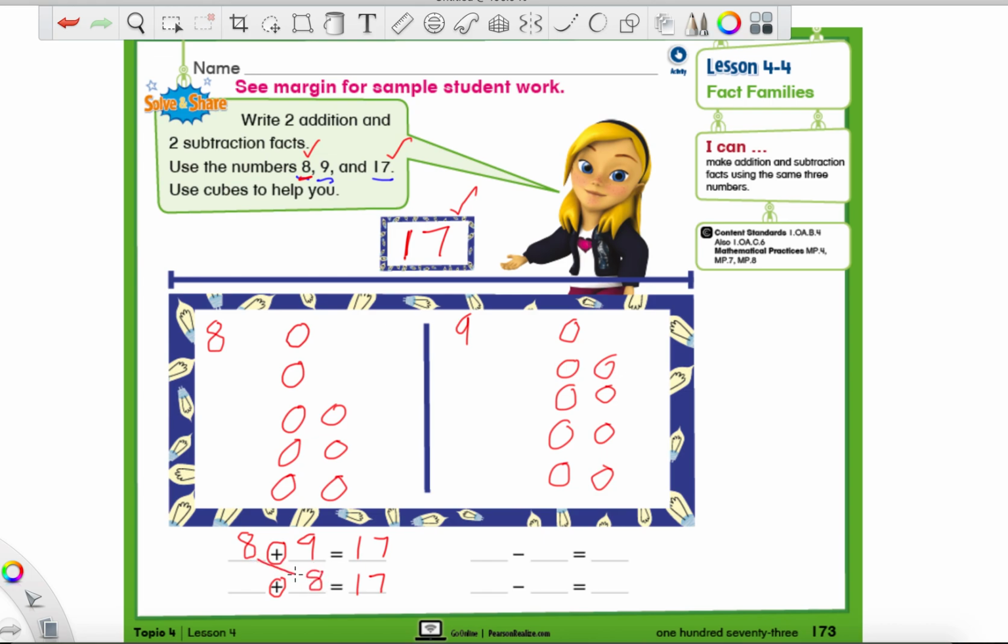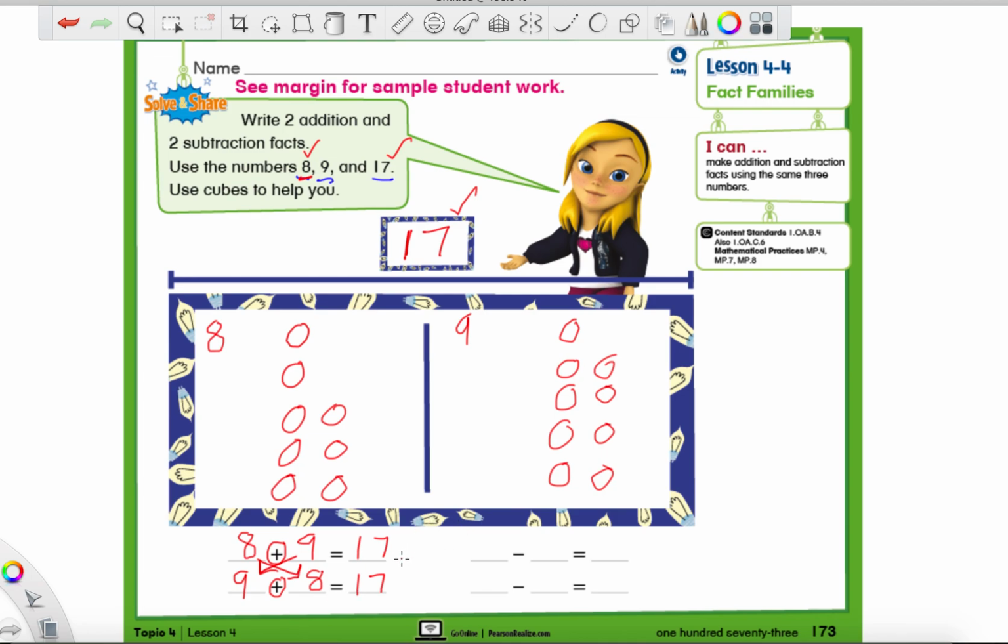So he's just going to switch houses with his neighbor. But what about the 9? Where does the 9 go? Well, if the 8 took the house that 9 was living in, the 9 is just going to go live in his house over here. So the 9 will go first.